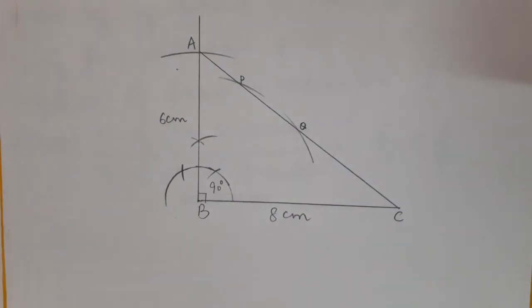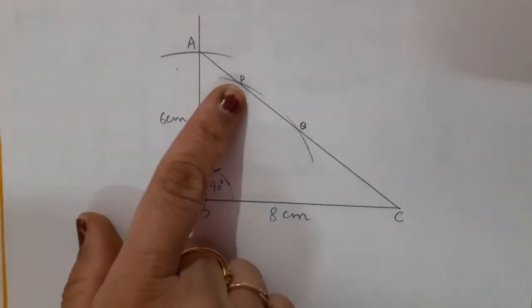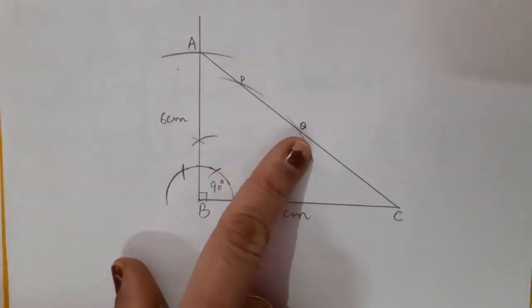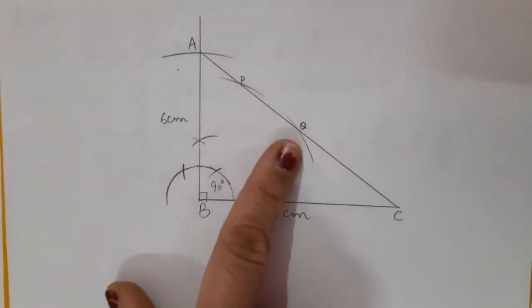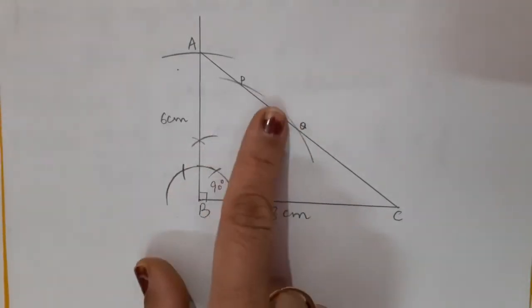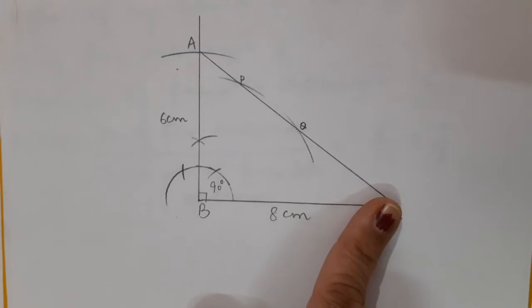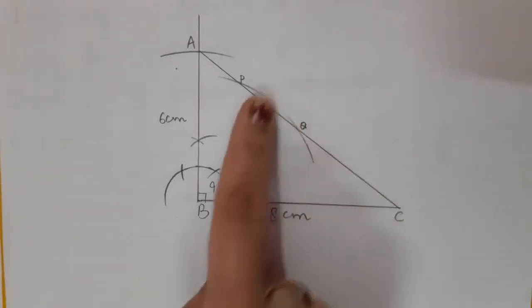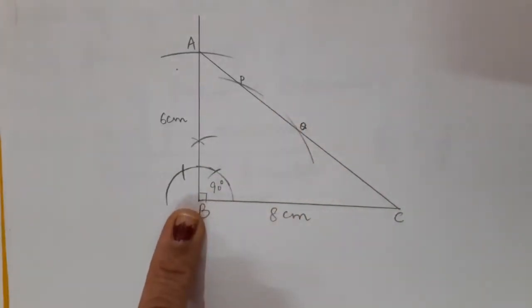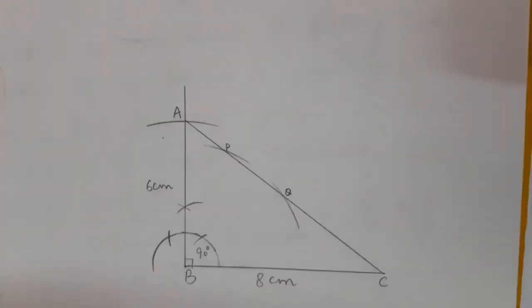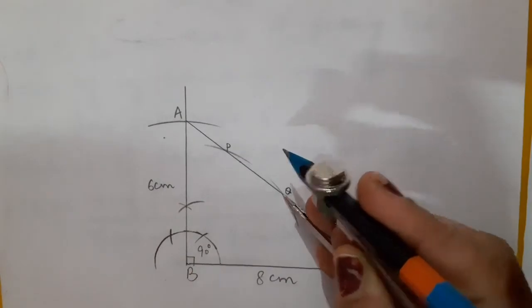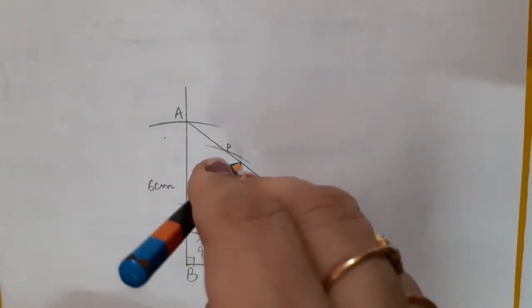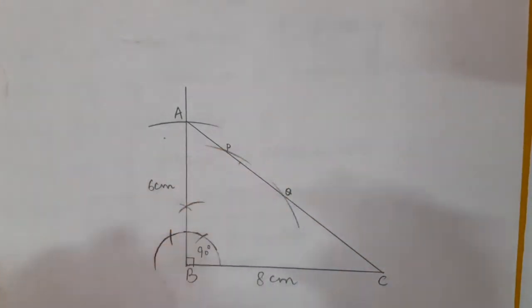Now children, here you can see that we have got a line segment PQ. Now I am just going for the perpendicular bisector of this line segment PQ so that we can get one point D which would lie on the hypotenuse AC, and from there a perpendicular will be drawn. For perpendicular bisector, you are supposed to take more than half of the arc of this length PQ.